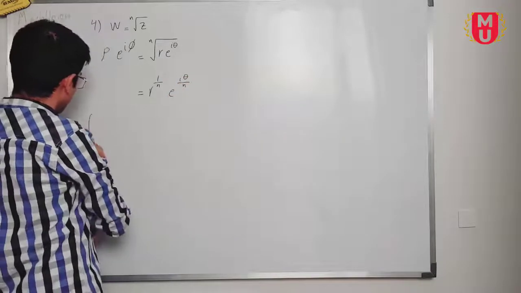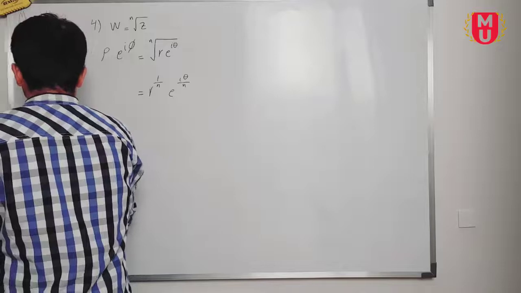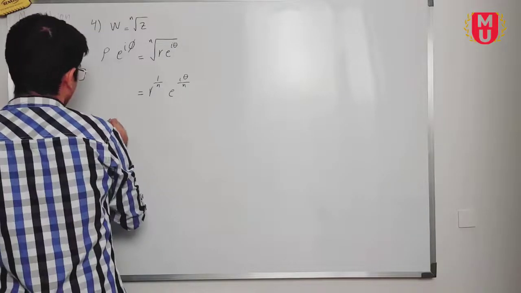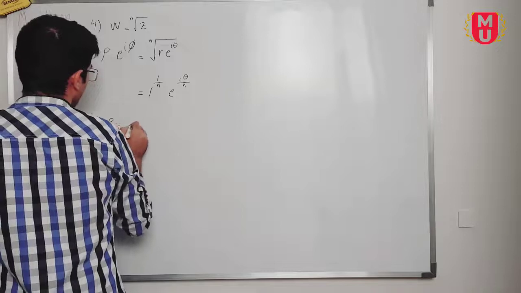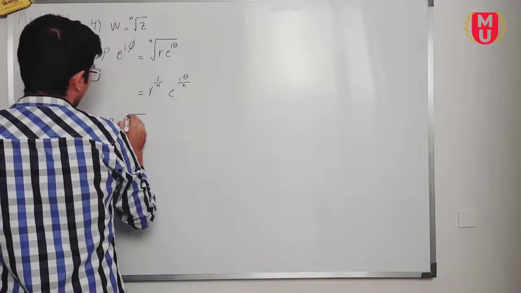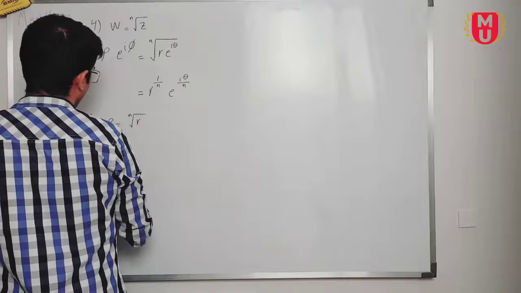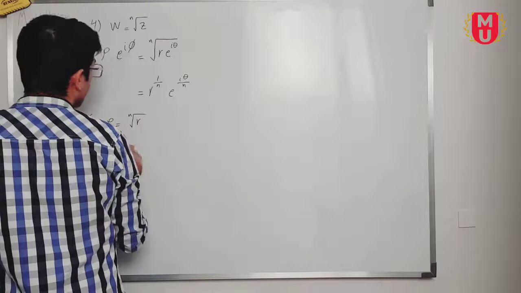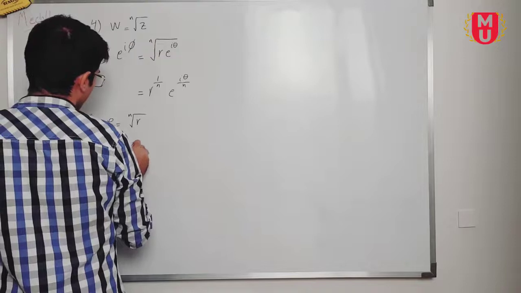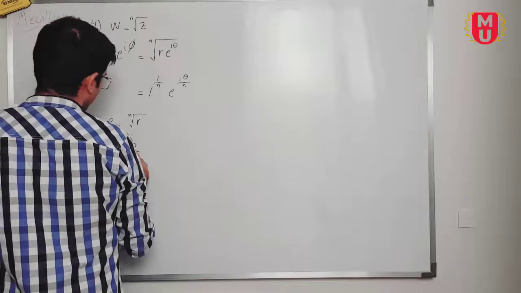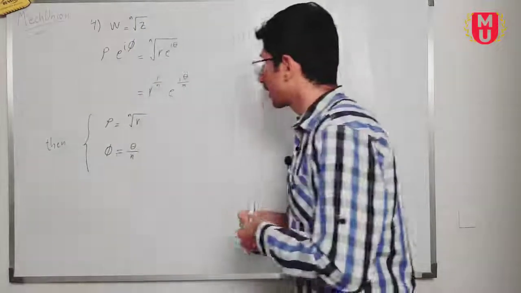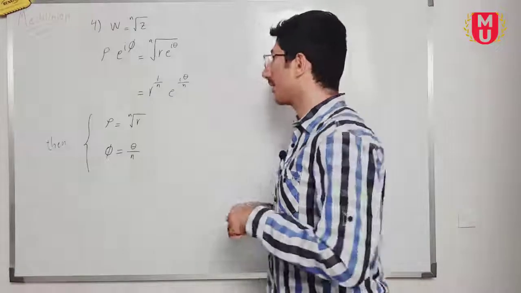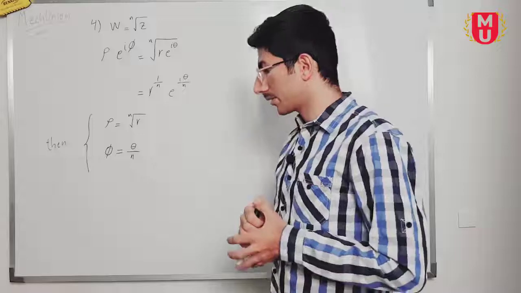As a conclusion, rho equals the nth root of r, and phi equals theta over n.